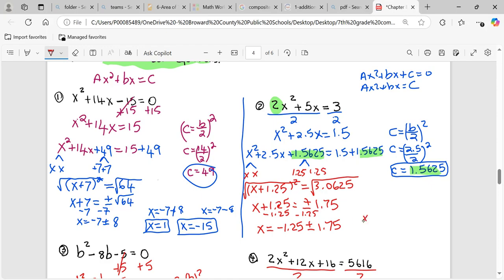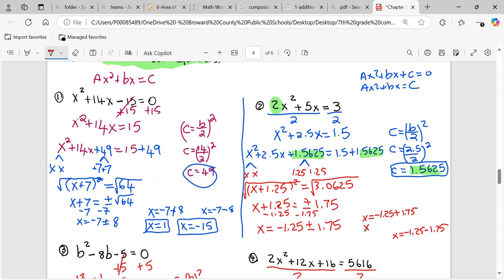That is going to give us two answers, because remember what it means. This means x is equal to negative 1.25 plus 1.75, and x is also equal to negative 1.25 minus 1.75. Now I'm going to put this in the calculator. I'm almost there.